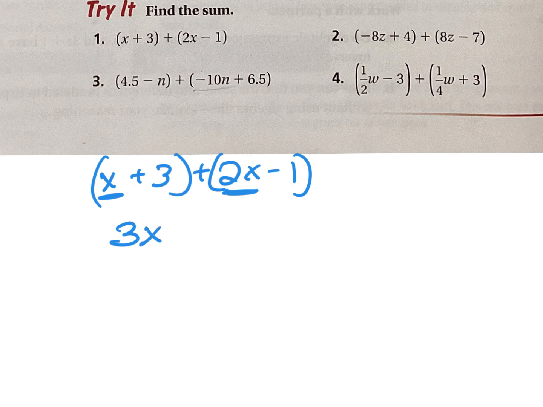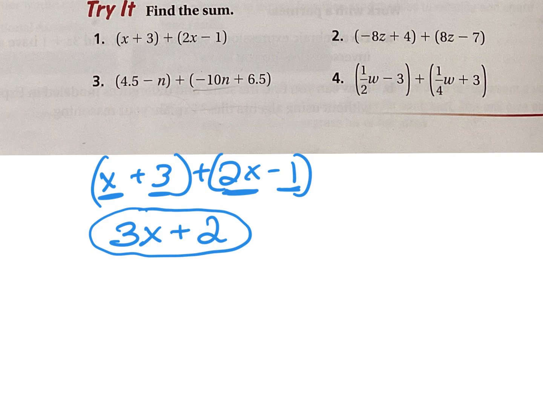And then I'm going to add that to my constants. I have a positive 3 and a negative 1. That gets me a positive 2. So the way to add this linear expression would be like that, and you get 3x plus 2.